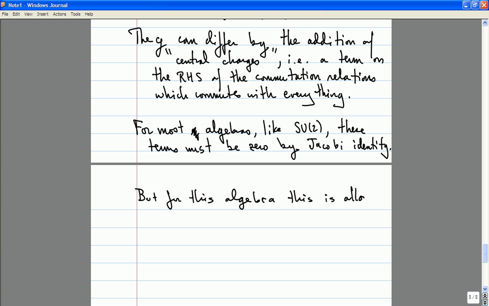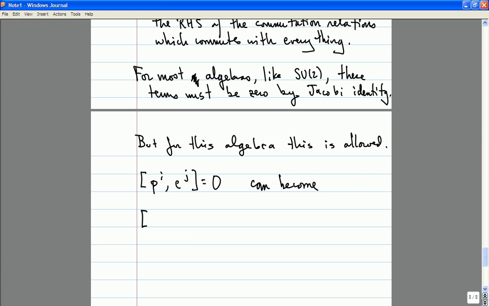And in particular, the commutator of P_i with C_j, which was equal to 0 for the algebra of differential operators, can become a term that looks like this: P_i with C_j can be equal to i times a constant times delta_ij.